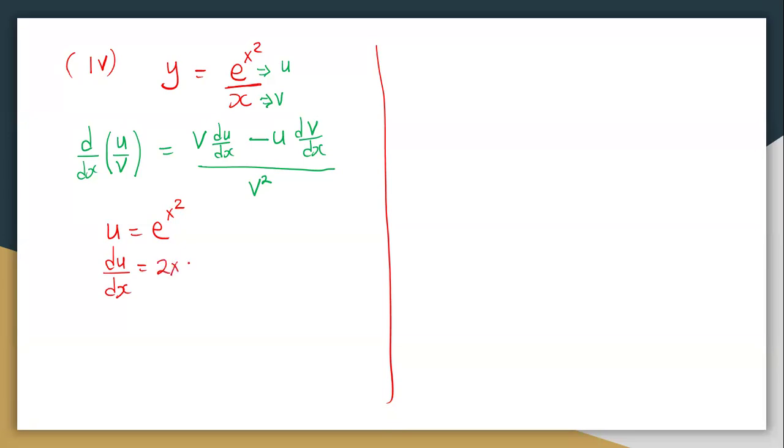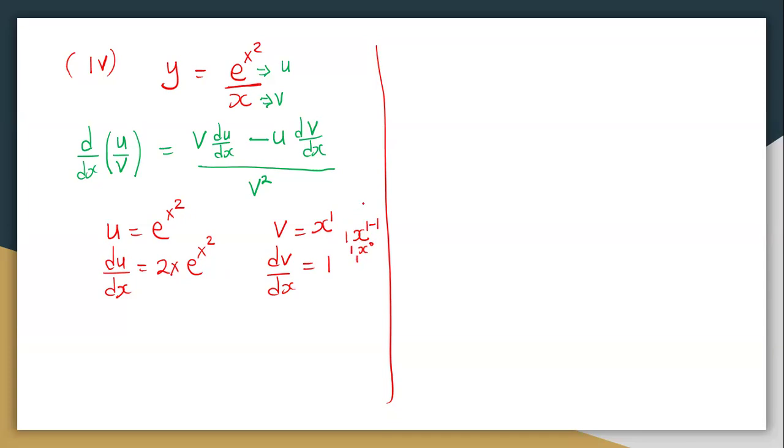We shall get 2x, then we write the original thing. Whereas our v is equal to x. So here we shall say our dv/dx is equal to 1. Why? Because you know that x is to power 1. So I'll drop the 1, I'll get 1, then I write x, then I say 1 minus 1, which will give me 1. x to the power 0 is still 1.